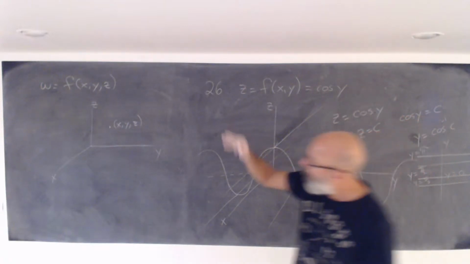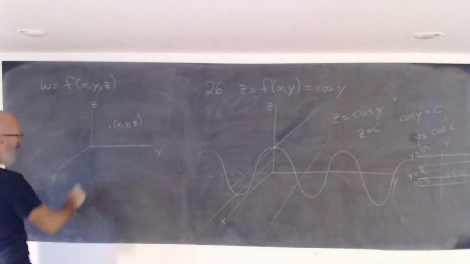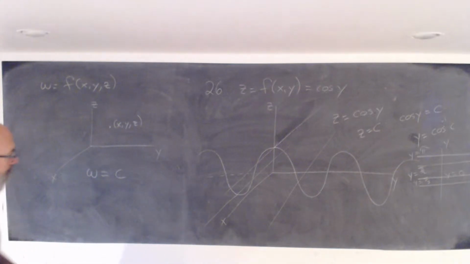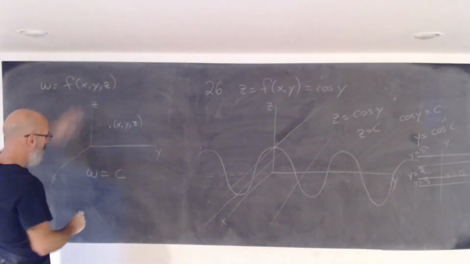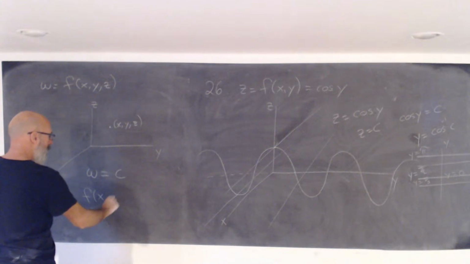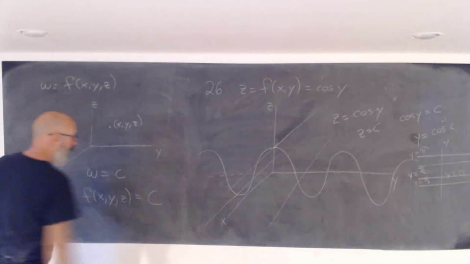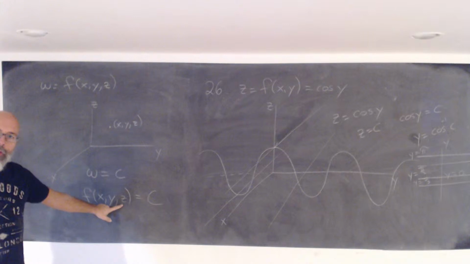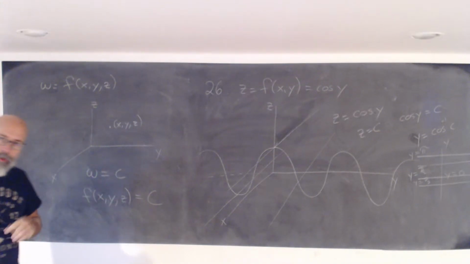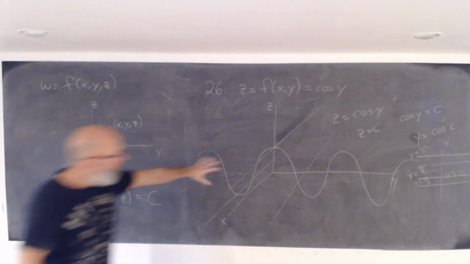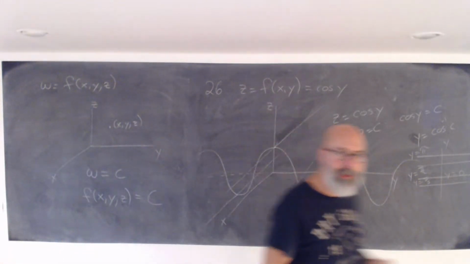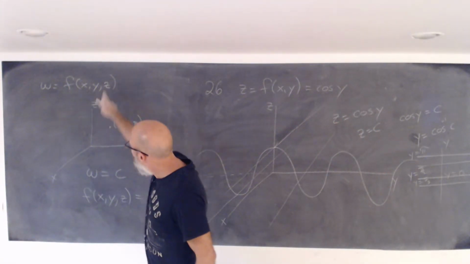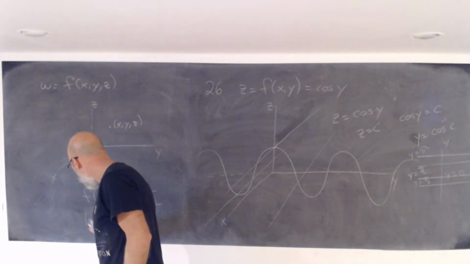Imagine cutting this function at different heights. In other words, f of x, y, z equal to c. Perhaps, theoretically, you might be able to solve for z as a function of x and y. So what you would get is something like this. You would get a surface. These, in higher dimensions, are known as level surfaces.